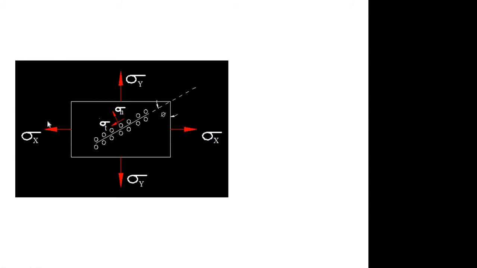Due to the action of 70 units of direct stress or normal stress and 50 units of direct stress along the y direction, more than 100 units of normal stress may be acting along this plane.